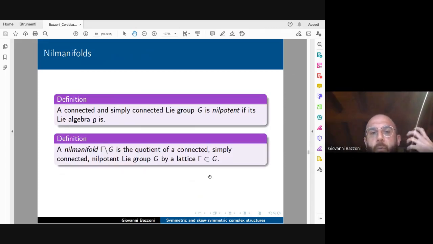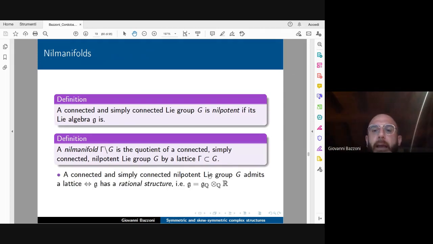And once you have a connected and simply connected nilpotent Lie group, you can quotient it by a lattice gamma, which is a discrete and co-compact subgroup, and the quotient is a nilmanifold by definition. So the prototypical example is that of G abelian, R^n, and you quotient by Z^n, obtaining a torus. So a torus is the easiest example of a nilmanifold.